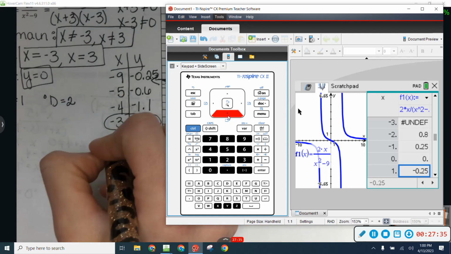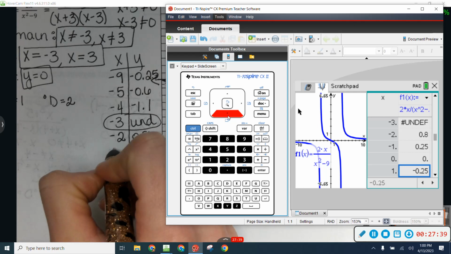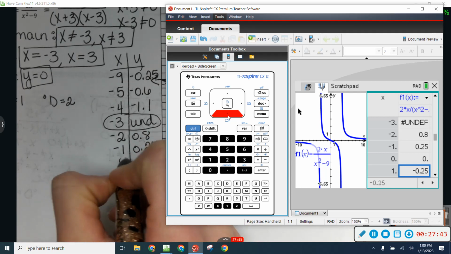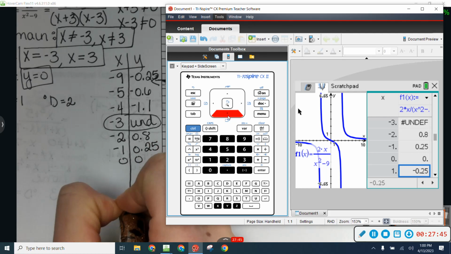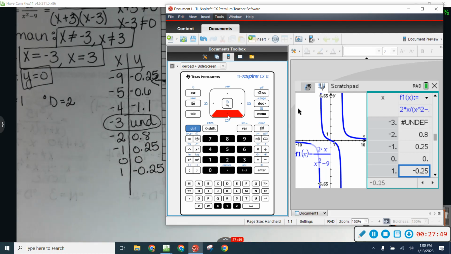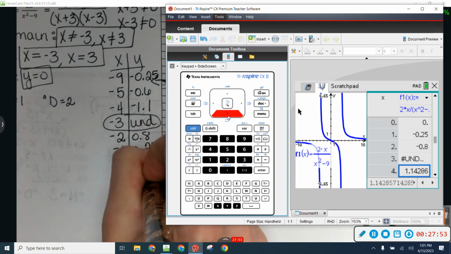Then I've got -2, 0.8, -1, 0.25, 0, 0, 1, -0.25, and 2, -0.8.